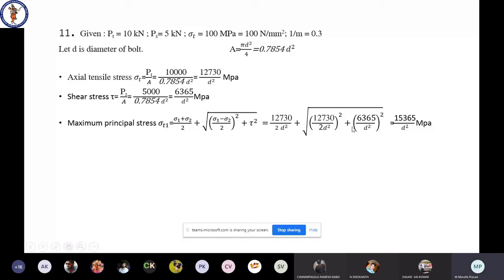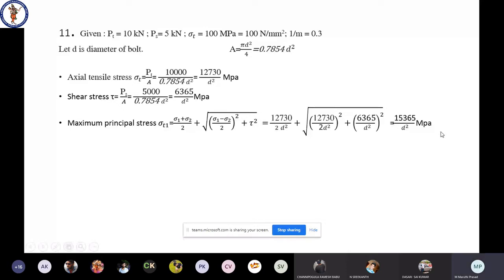Now we have substituted the values in the equation, and by simplifying, we are getting 15,365 by d square megapascal or Newton per mm square. This is maximum principal stress.